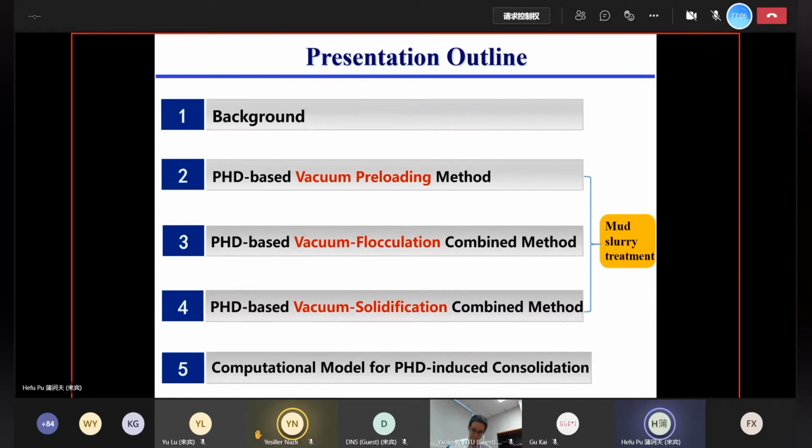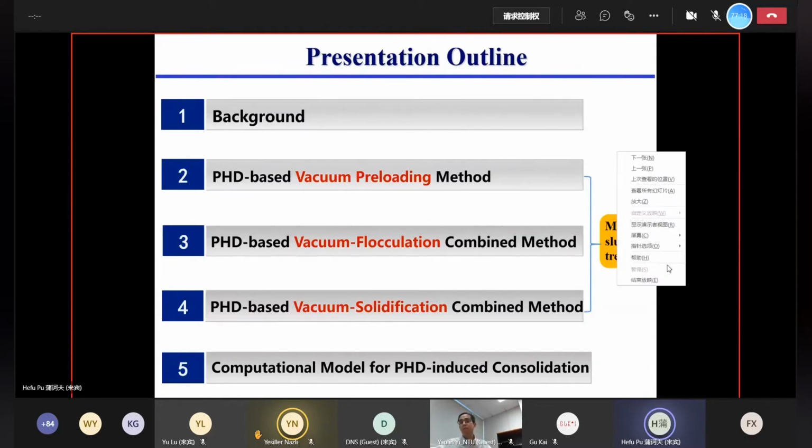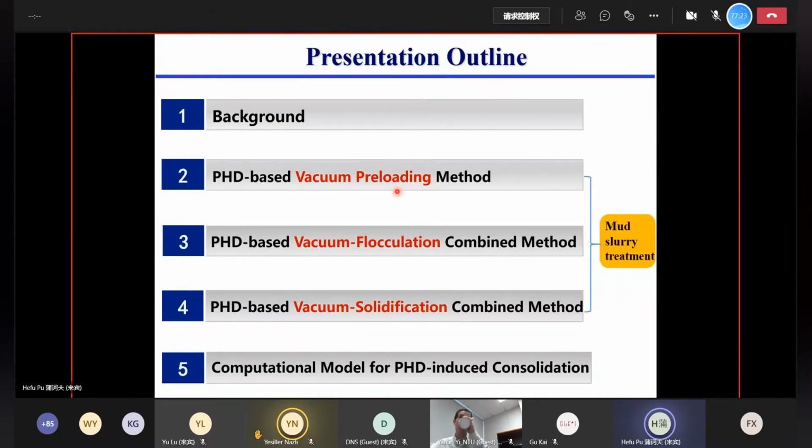The second one is PhD-based vacuum flocculation combined method. And the third one is PhD-based vacuum solidification combined method. All of these three methods are similar. They all use PhDs to facilitate the vacuum preloading. And lastly, I will also introduce a computational model that we developed to predict the behavior of PhD vacuum-induced consolidation.